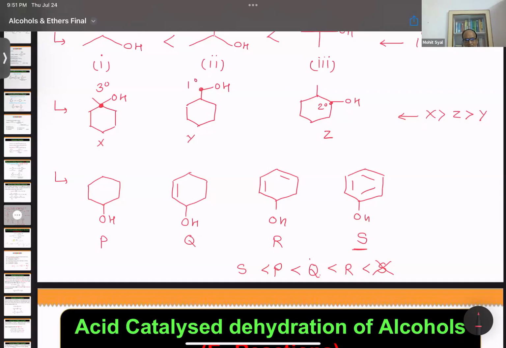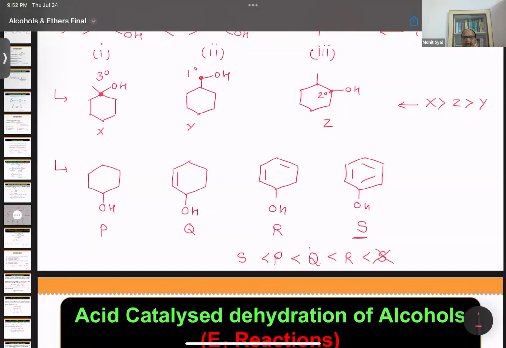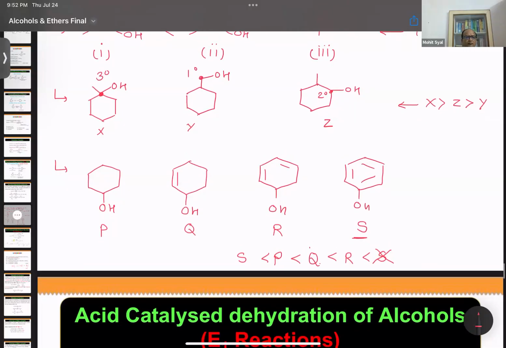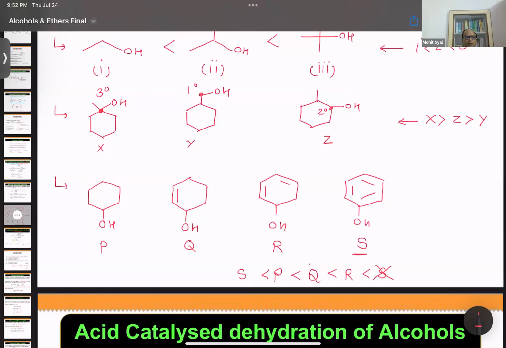Why is S not the maximum? Why does it not have the highest rate of reaction? Any idea about it? Yogita, any idea why this is not the maximum?